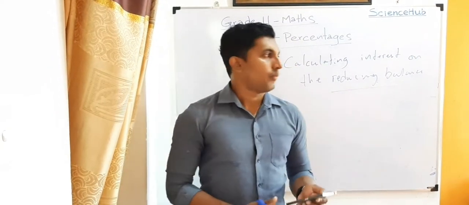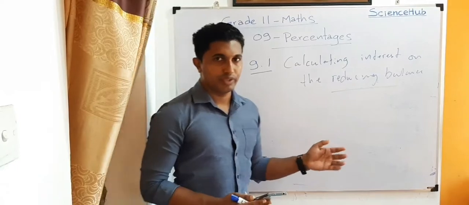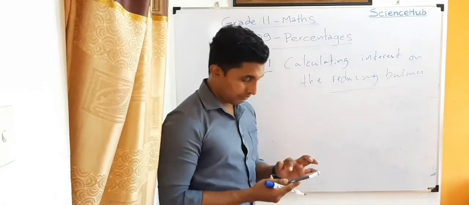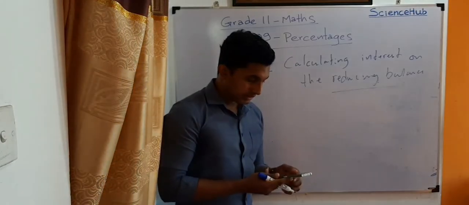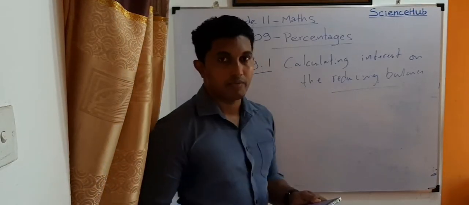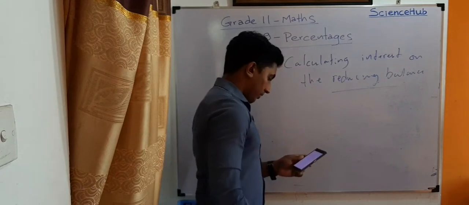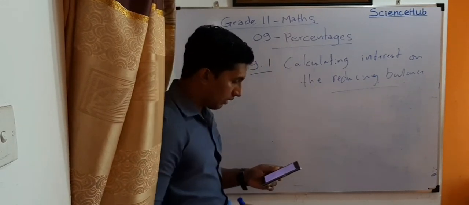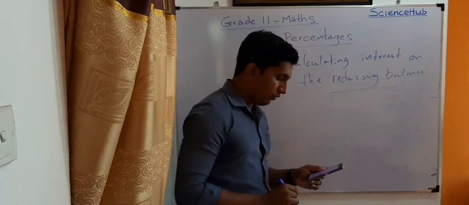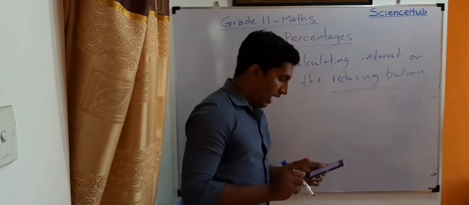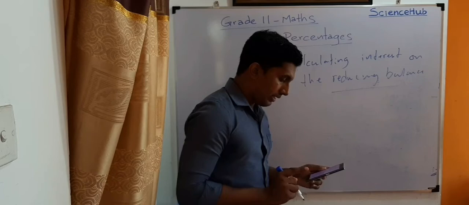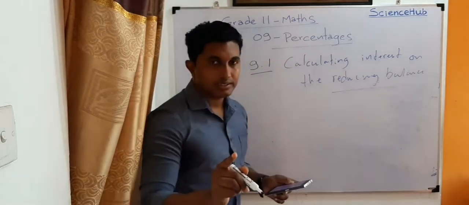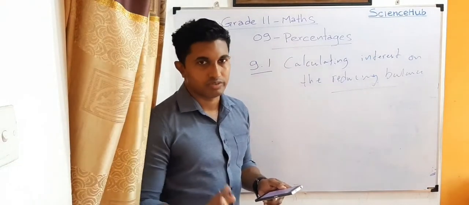I'll explain these things with the examples in your books, so please check example number 1. Mr. Vikram Singh has borrowed 30,000 as a business loan from a bank that charges an annual interest rate of 24%. 24% is the annual interest rate, not for the month.